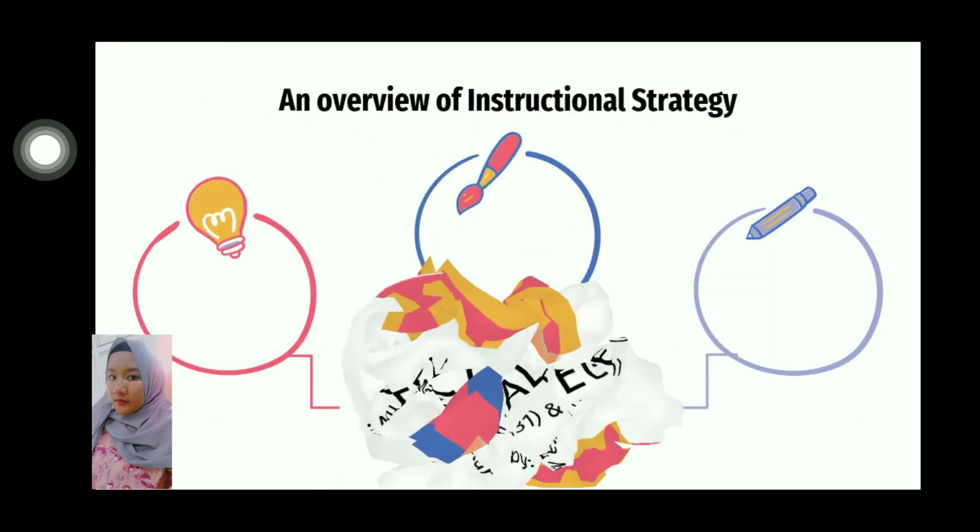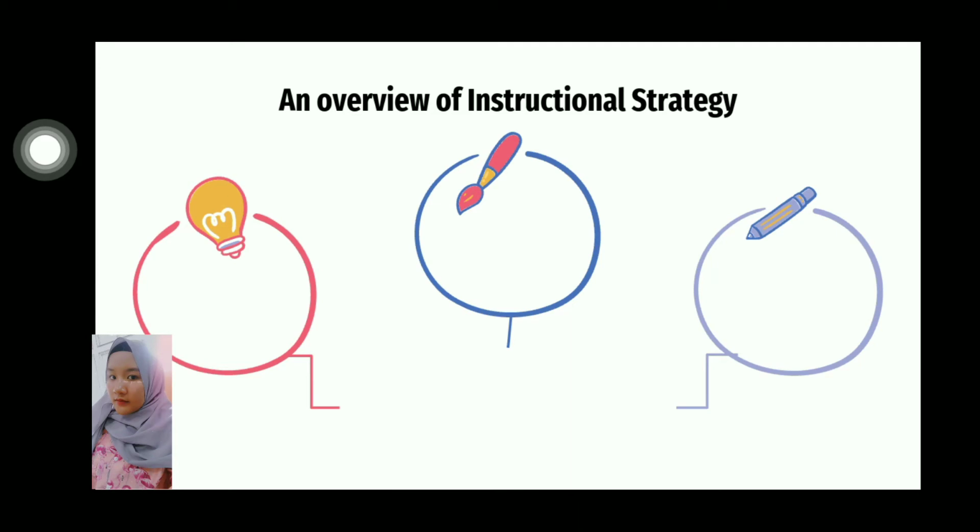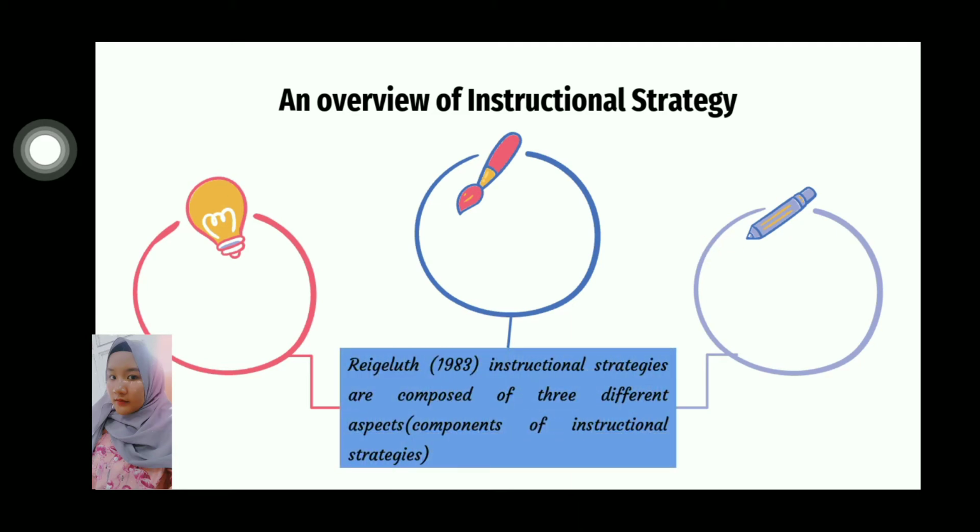Okay, I will explain the first material. It is about an overview of instructional strategy. According to Reigeluth 1983, instructional strategies are composed of three different components. They are organizational strategies.